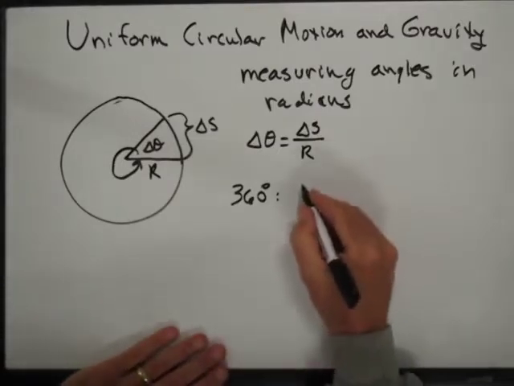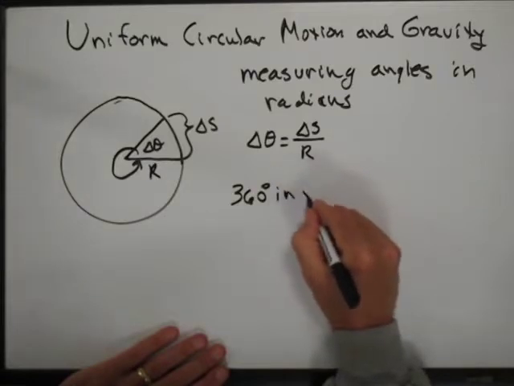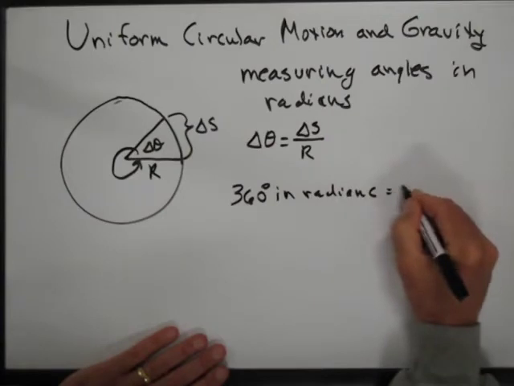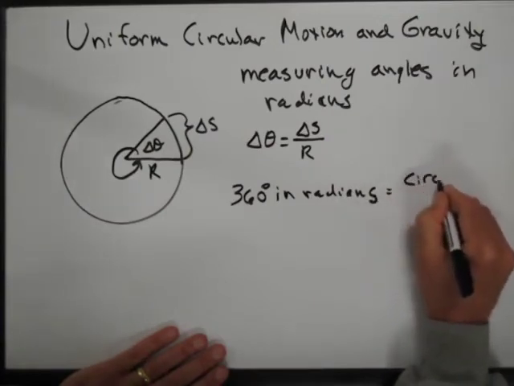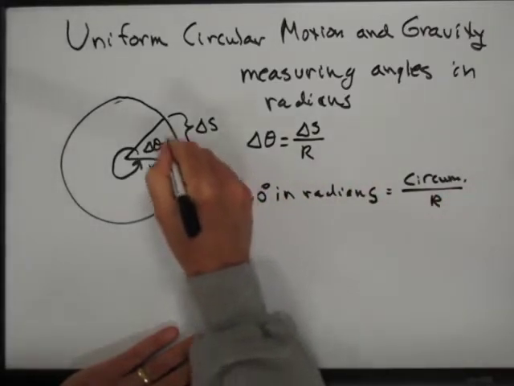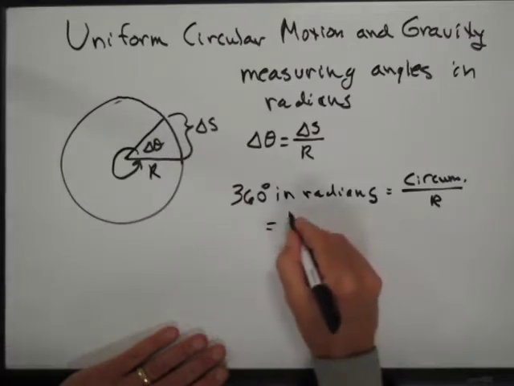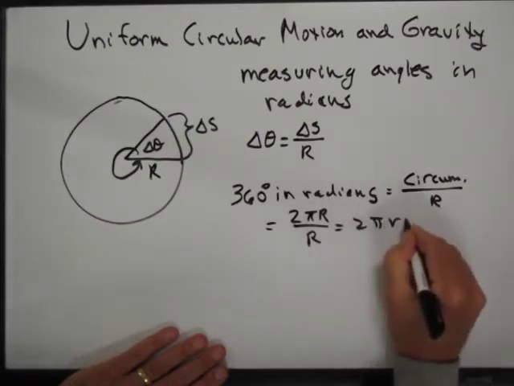Well, 360 degrees in radians is equal to the circumference divided by the radius, right? Because the circumference is the distance all the way around, and that's what the arc length would be, right? And so the circumference of a circle is 2 pi r, and we divide it by the radius is 2 pi radians.